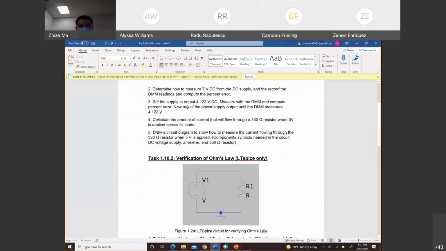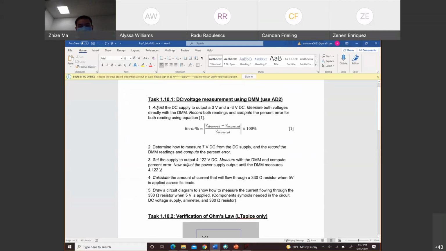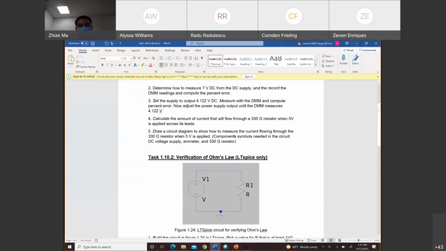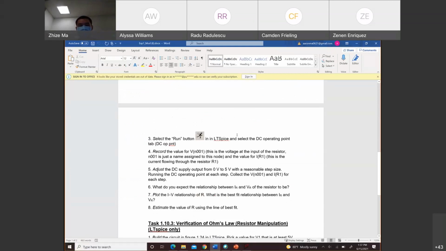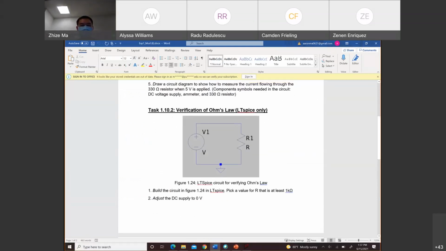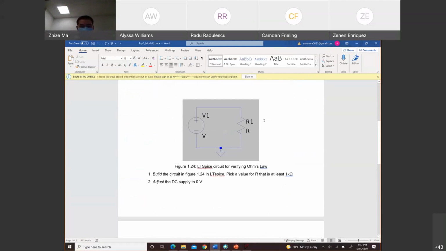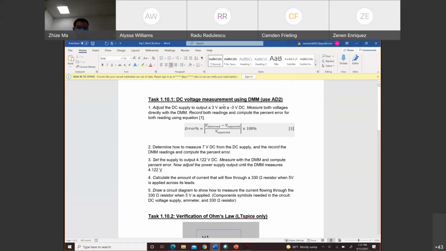First one, you will use the DMM to measure the voltage. The second and third ones, you will use LTspice, which is a circuit simulation software. You will build some circuits in the software and do some simulation. Let's talk about the first one.